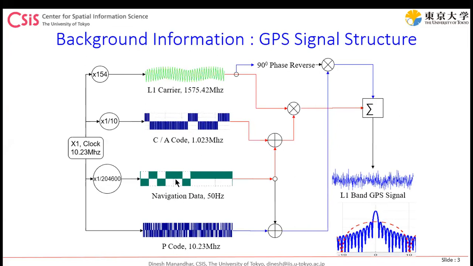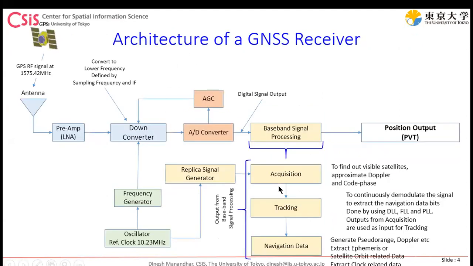These navigation data include all the satellite ephemeris and clock data. So these are the three things required to make a GPS signal, and they are combined and transmitted from the satellite so that you get the signals here. This is a very brief description of the GPS signal structure.